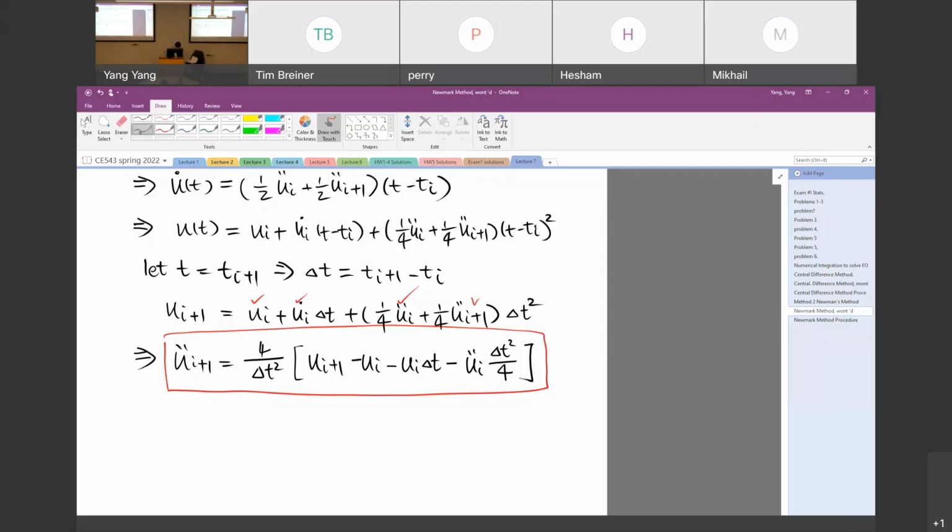So similarly, we can express the velocity.